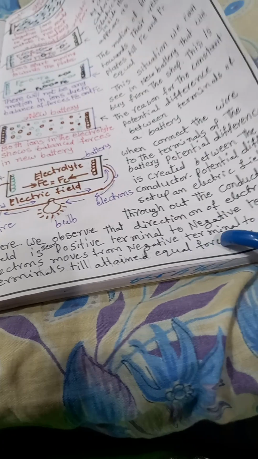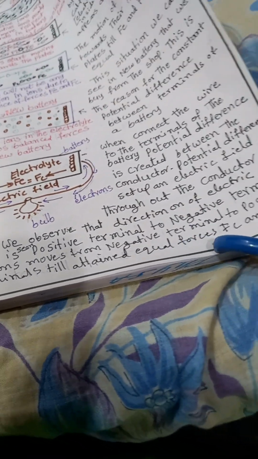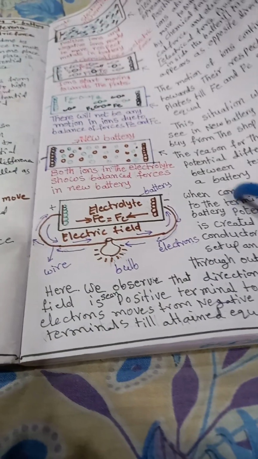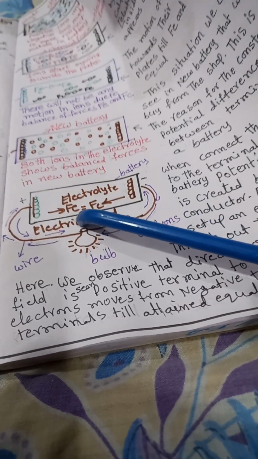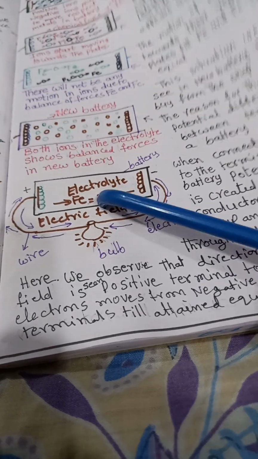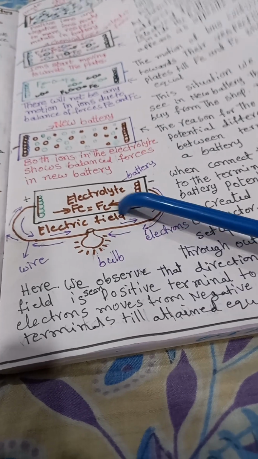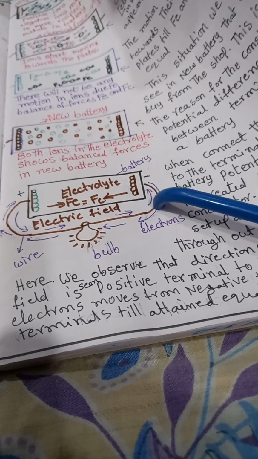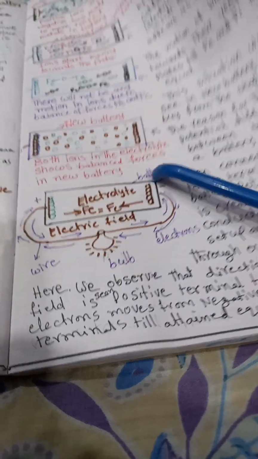Electrons move from the negative terminal to the positive terminal till the forces Fc and Fe become equal. So here also we can see the balanced chemical force and electric force. The electric field is formed inside the battery and the conductor, so the bulb glows brightly. So all these are the workings of a battery.